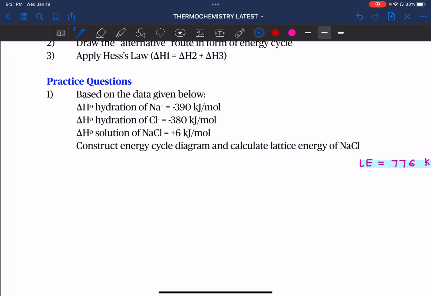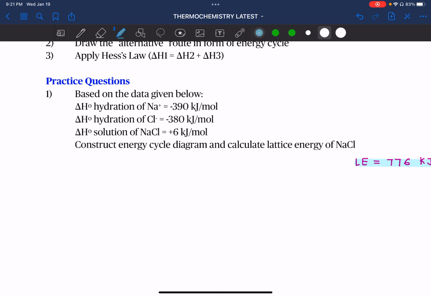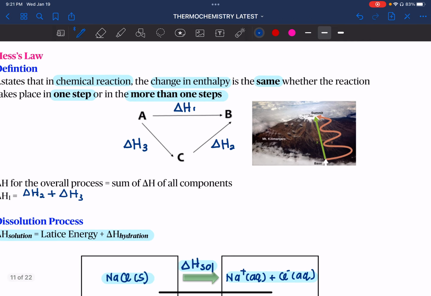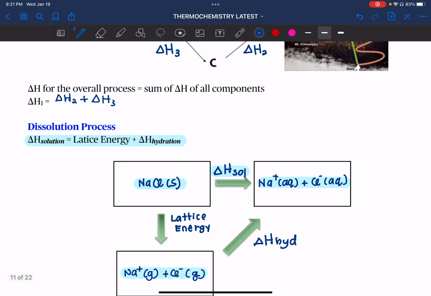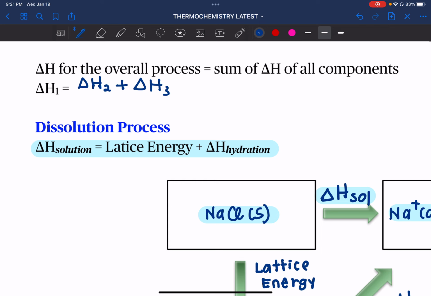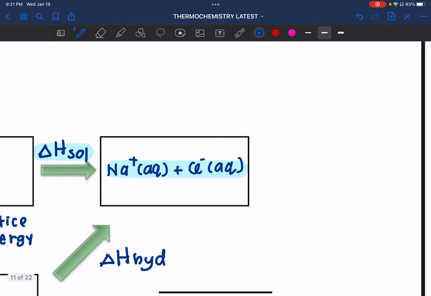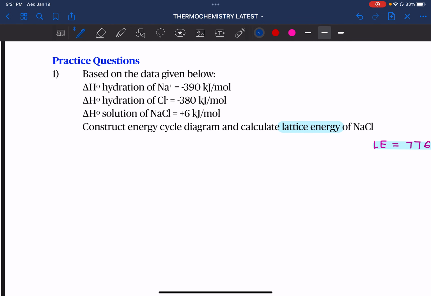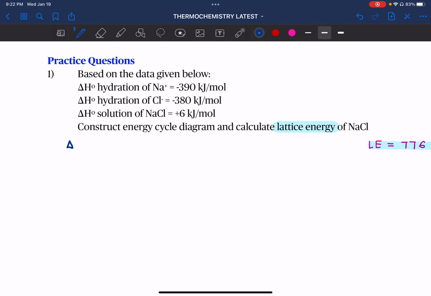So, if the question wants you to find out lattice energy, remember this formula: enthalpy of solution equals lattice energy plus enthalpy of hydration.